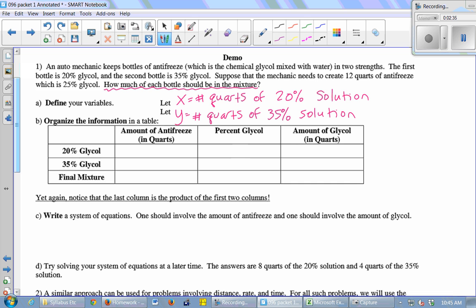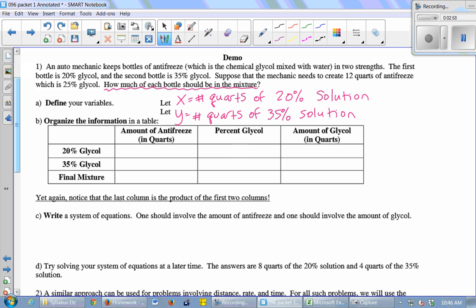How much of each bottle should be in the mixture? The answer to the question is how you set up your variables. How many quarts of 20%? How many quarts of 35%? That's how I decide what my variables will be. Let x and y be the answer to the question.